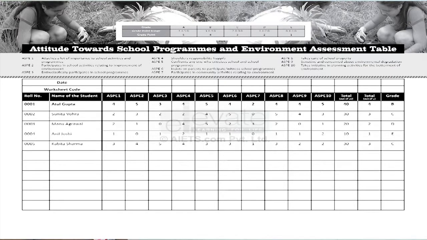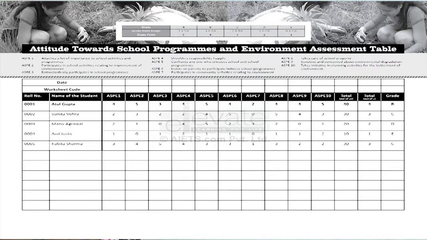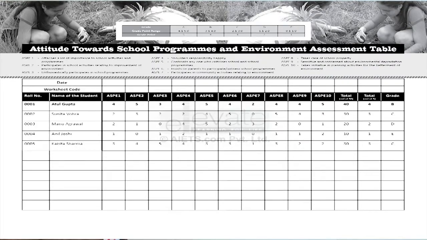This is being done by only the science teacher. See, the activity which we conducted was for science. The 6th class science teacher is recording all these things about their students.